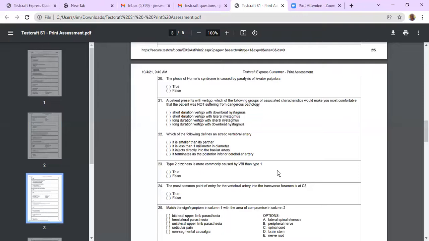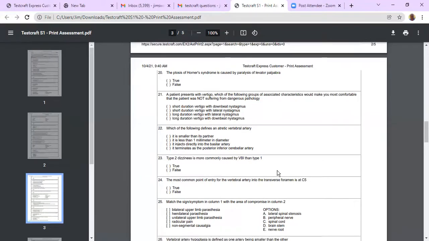Otherwise, it's a hypoplastic artery for less than 1 millimeter. Okay. That was going to be my next question. I just wanted to confirm that hypoplastic was less than 1 millimeter, because there's another one that asks about a hypoplastic artery, and I wasn't sure if it was that or just one artery smaller than the other.